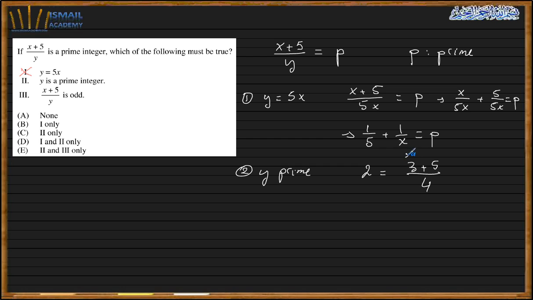You see, x I pick 3 and y I pick 4. Is 4 a prime number? No. Let's pick another one, 3. So 13 plus 5 over 6. Still, y is not a prime number. That means I don't have to have y prime.